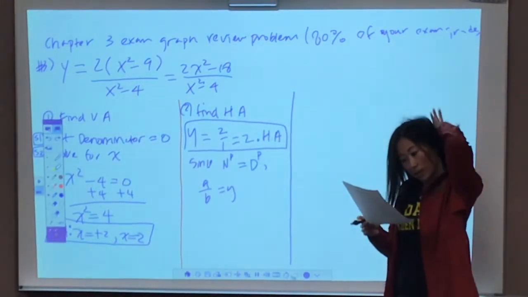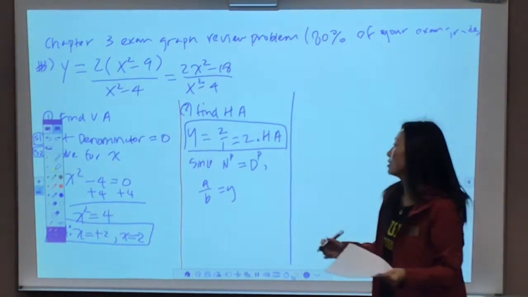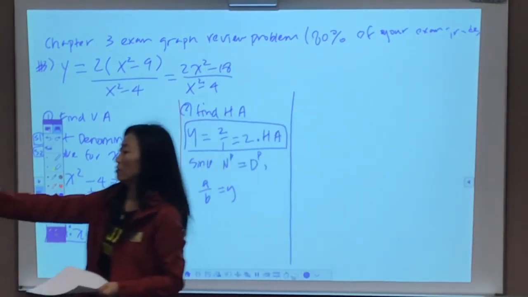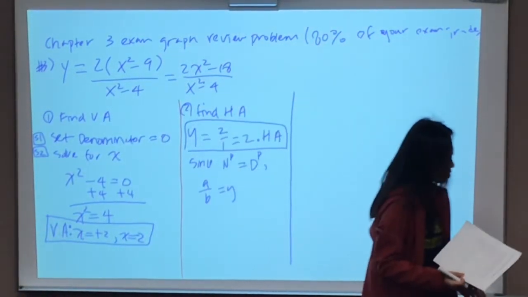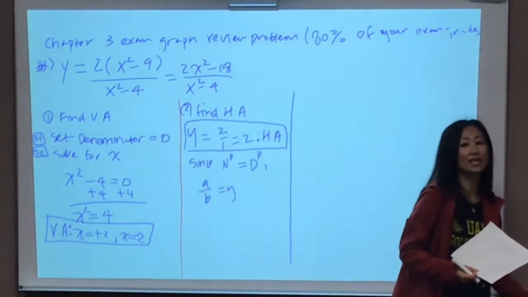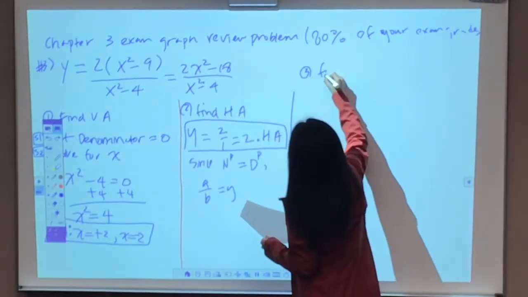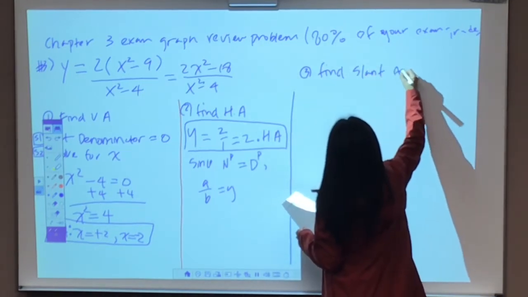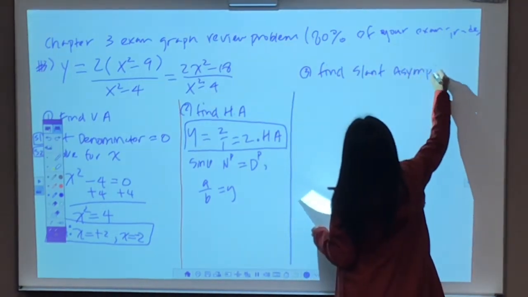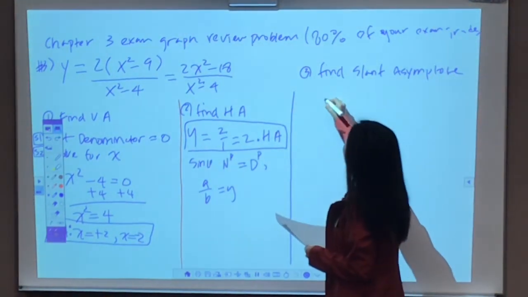All right, now, it says find the slant asymptote. Do I have a slant asymptote here? I don't have a slant asymptote. Am I right? When do you have a slant asymptote? You have one when you have a what?